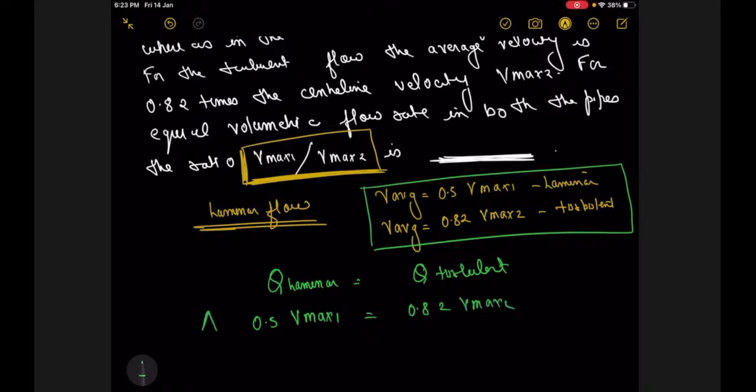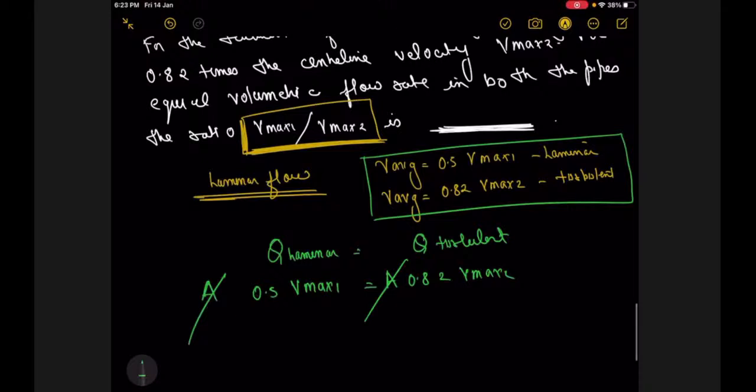As diameters are the same, the area will cancel. Now V max 1 upon V max 2 equals 0.82 divided by 0.5. So like this you will calculate the answer.